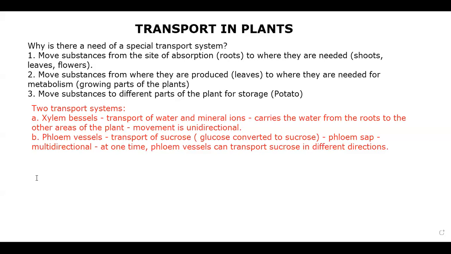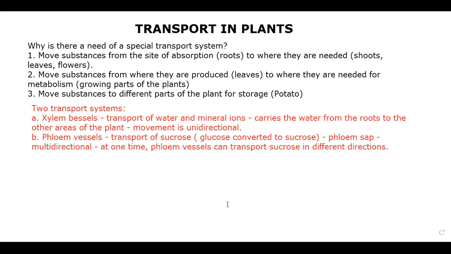For example, monocotyledons would have long, narrow leaves, right? Dicotyledons would have broader leaves with stalks attached to the leaves. In your syllabus, you're only supposed to know the structure of dicotyledons, not monocotyledons. Keep that in mind.